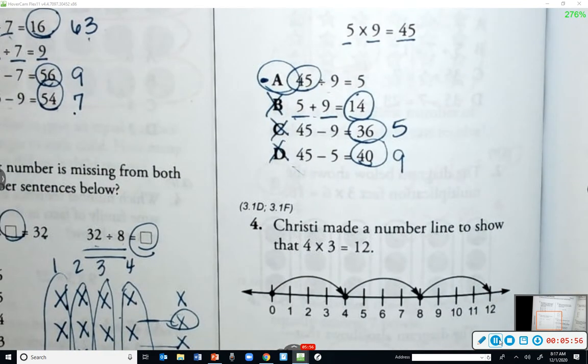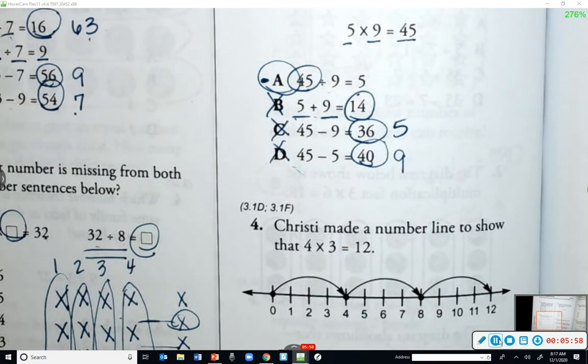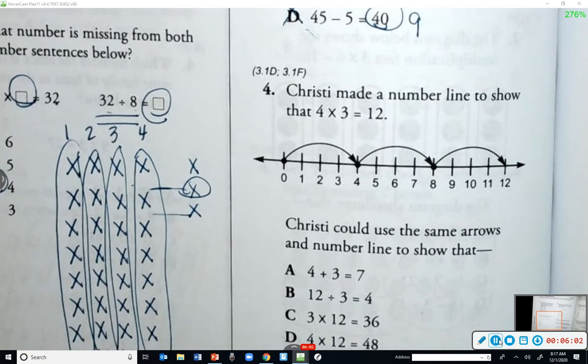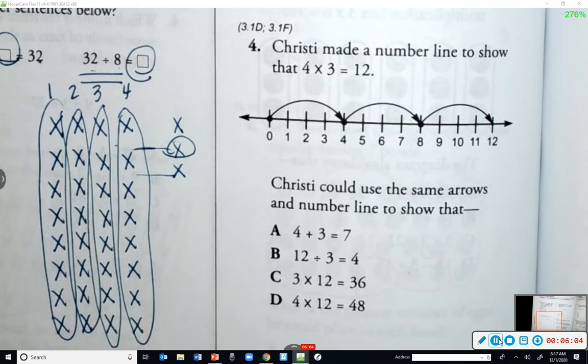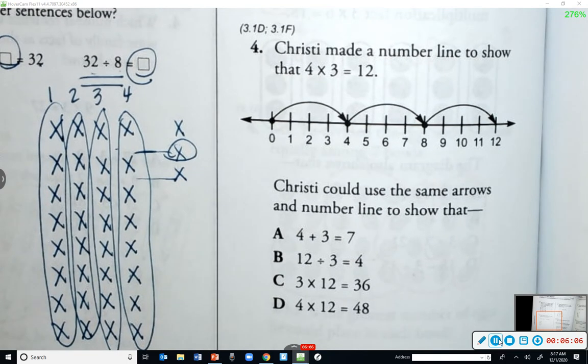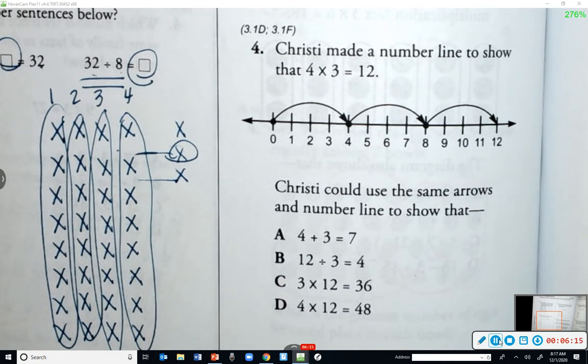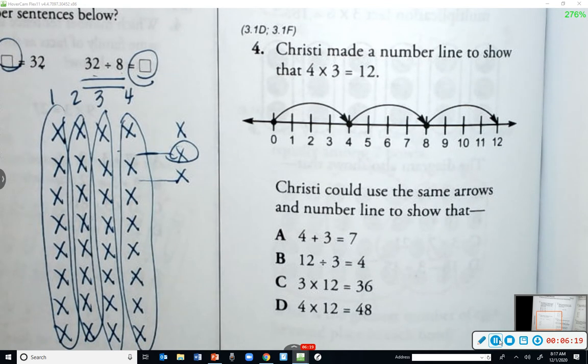Okay. Number 4. All right, Kelsey. Christy made a number line to show that 4 multiplied by 3 equals 12. Christy could use the same arrows and number line to show that.